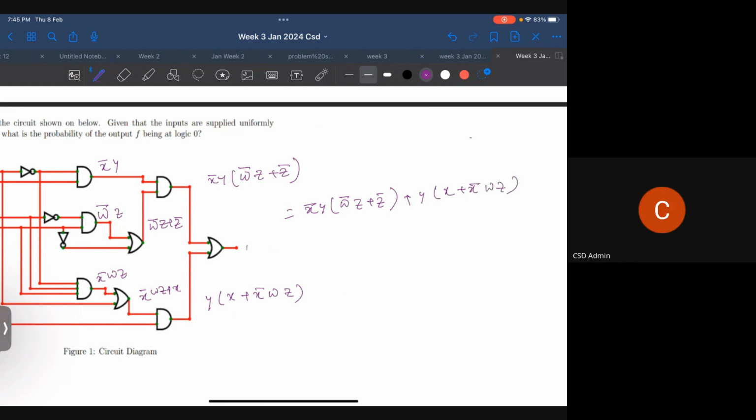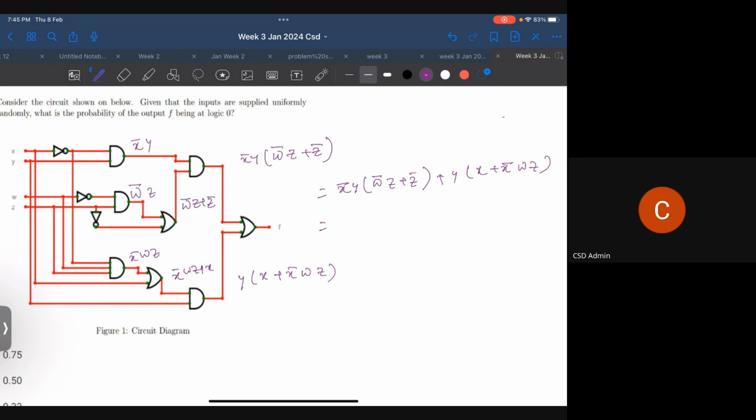Now if you multiply, we get y x bar w bar z plus x bar z bar, and you will get y x plus x bar w.